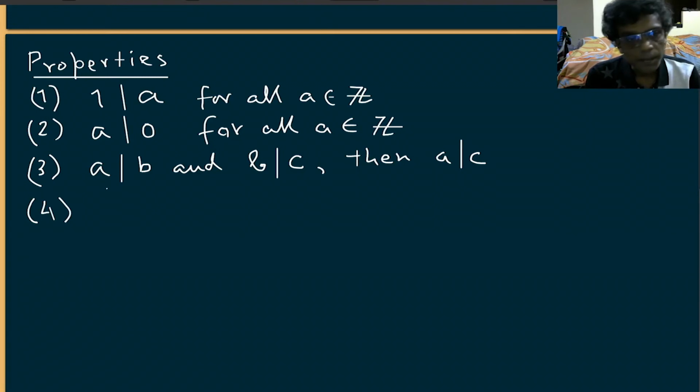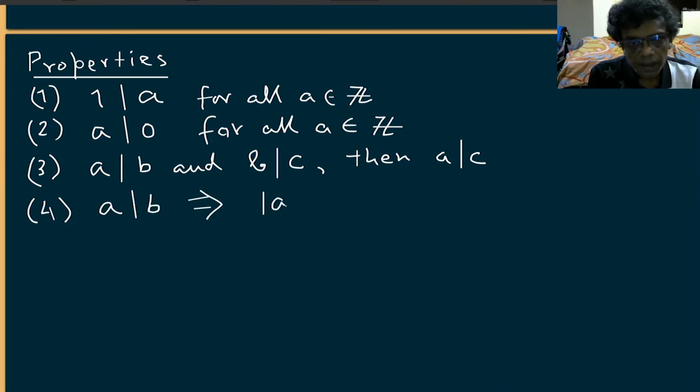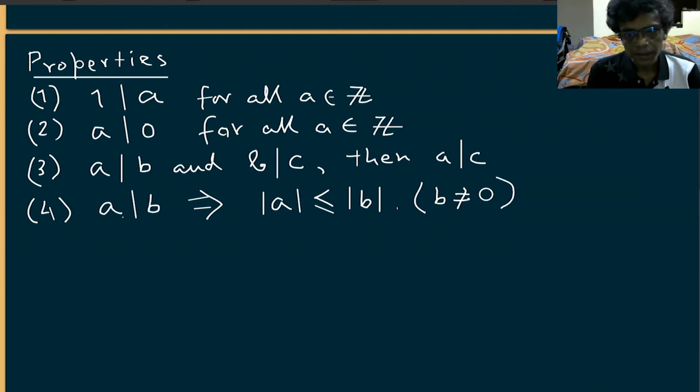Okay, if a divides b, this implies the absolute value of a is less than or equal to the absolute value of b. Here I must make an assumption, b not equal to 0. So if a divides b and b is not equal to 0, then the absolute value of a is less than or equal to the absolute value of b.